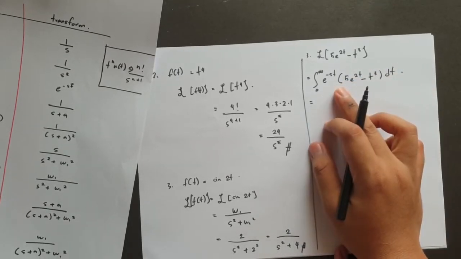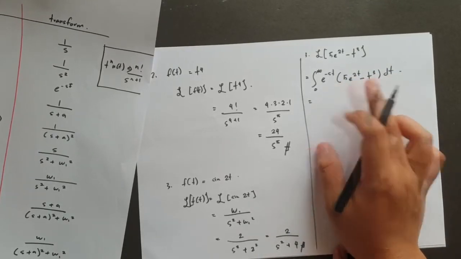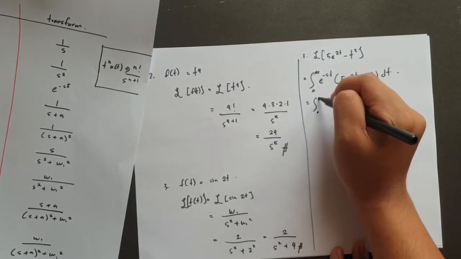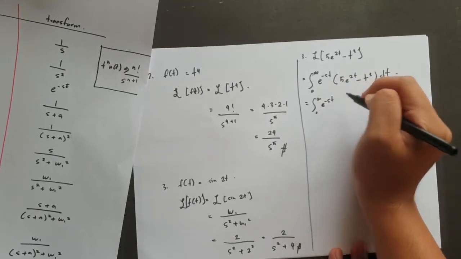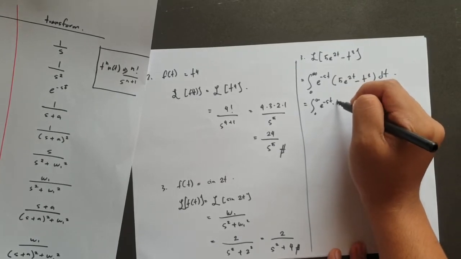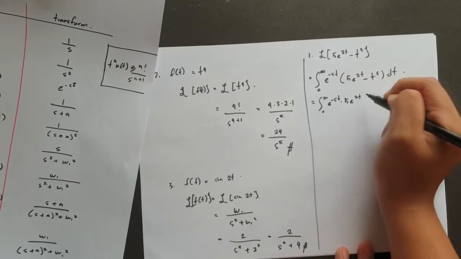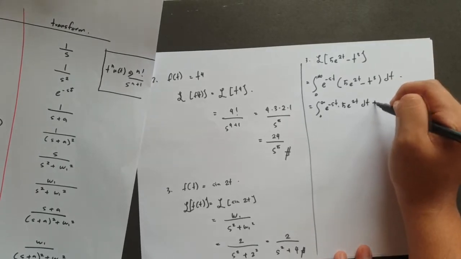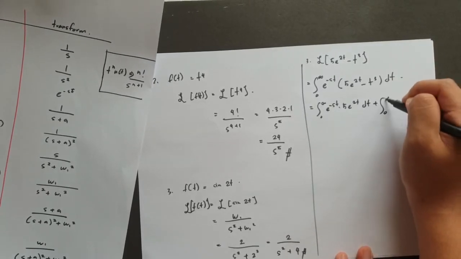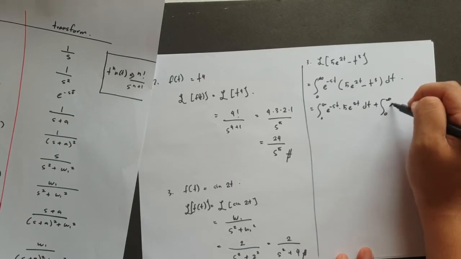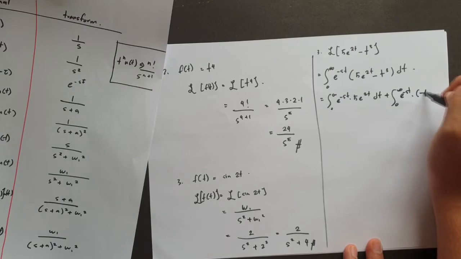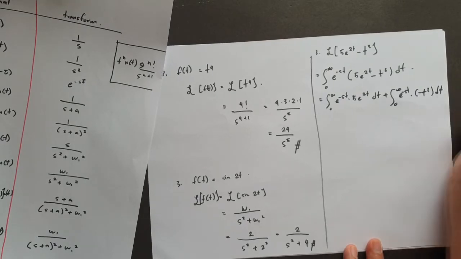I think you can separate this into the integral from 0 to infinity of e^(-st) times 5e^(2t) dt, plus the integral from 0 to infinity of e^(-st) times negative t³ dt.